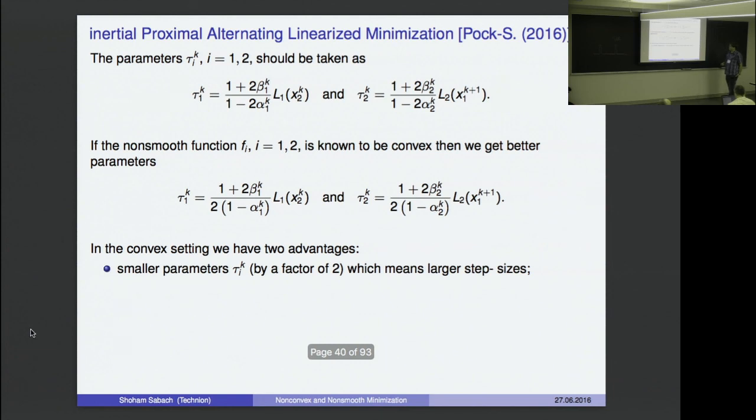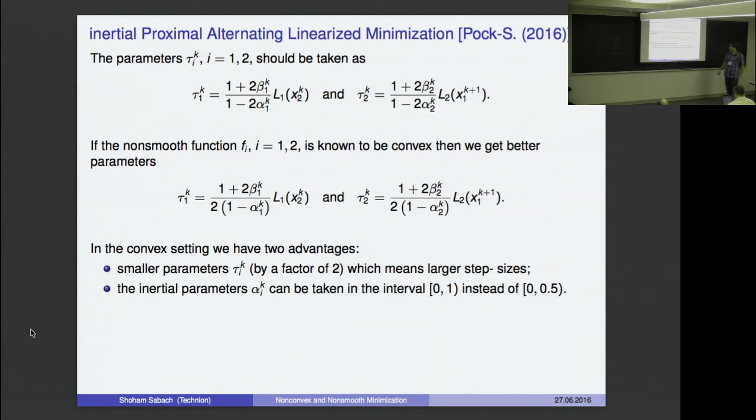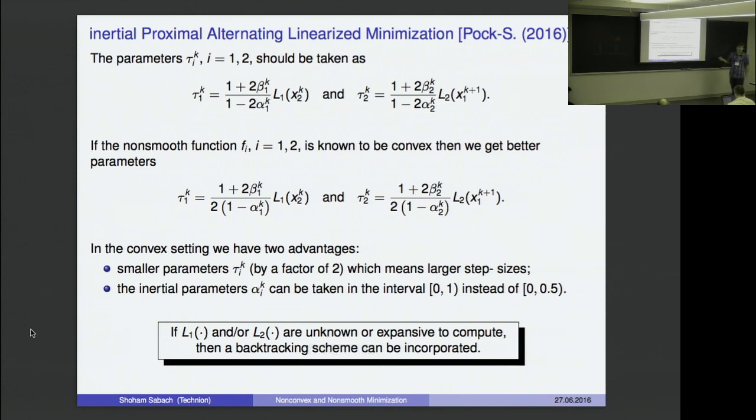On top of that, if you don't know the Lipschitz constant in advance, which is a real issue in applications, then you can incorporate a backtracking scheme into the algorithm.